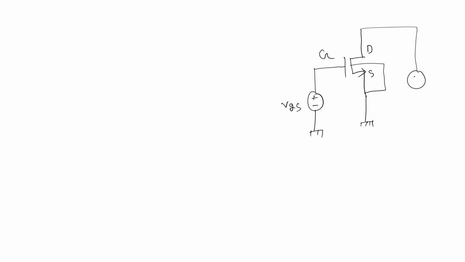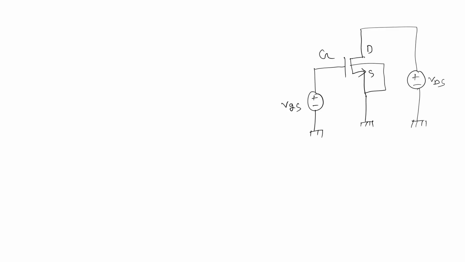Suppose we have an NMOS here, this is the gate, this is the source, and this is the drain, and we have a voltage source VGS. The source is tied to the ground, and the body is also tied to the ground. We also consider a drain voltage, which is my VDS.